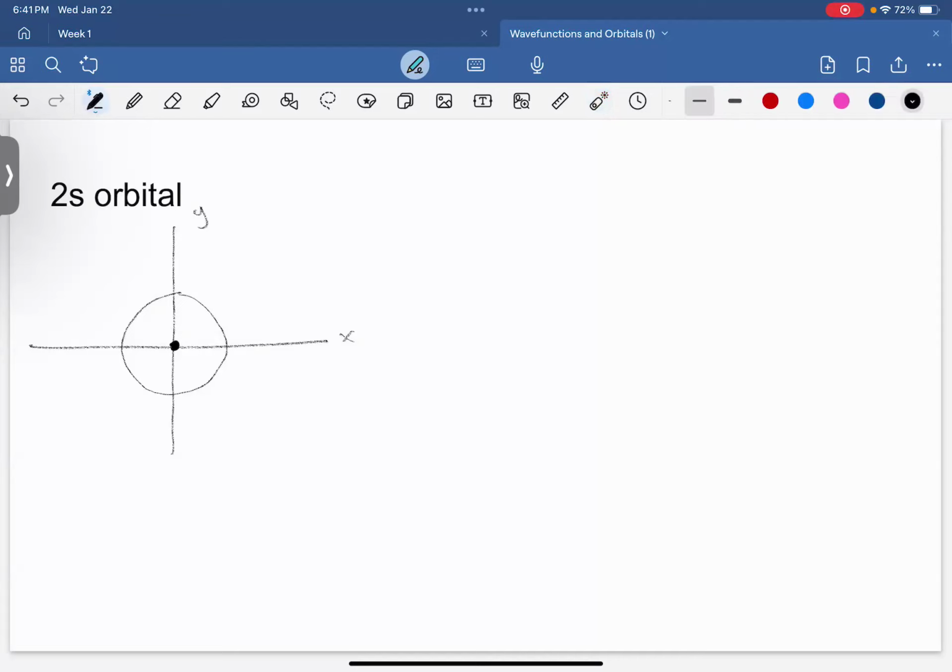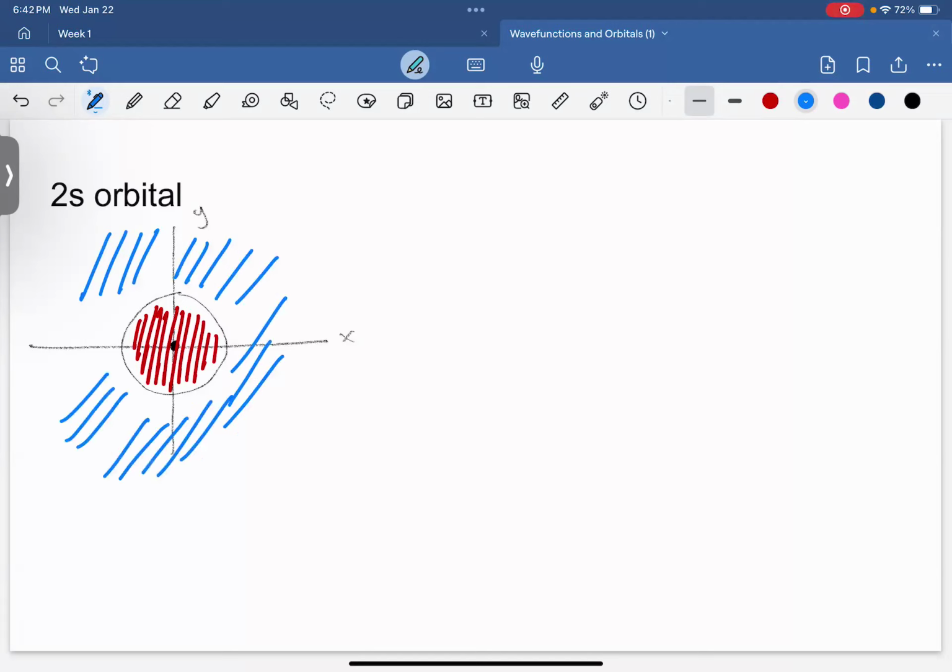So I'll arbitrarily say that inside this node, I'll color that red, say that red corresponds to positive. Actually, it doesn't even matter, I'm just going to leave it ambiguous. And then outside, my function is negative, or the opposite sign of whatever it is inside.